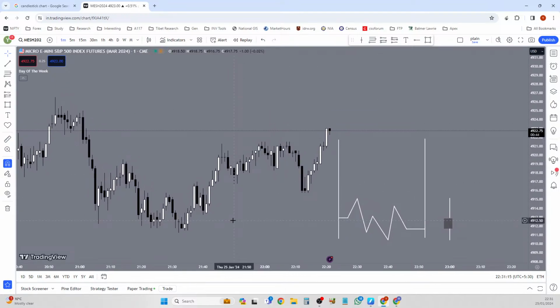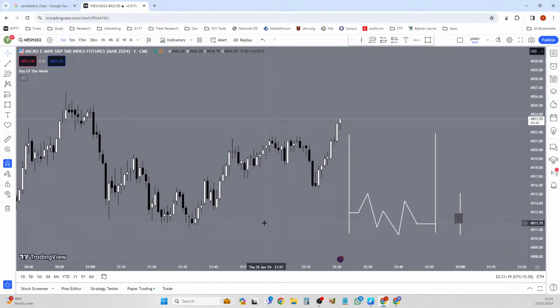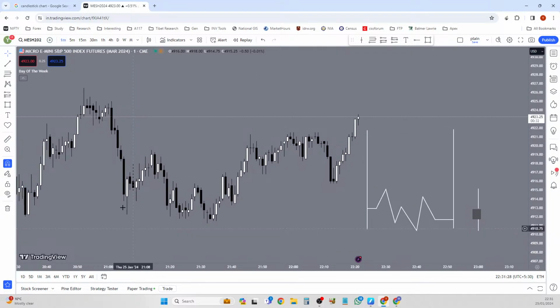All of us are aware that for a period of 1 hour, there are 60 minutes. So we are on a 1 minute chart. So between a period of 1 hour, we'll be having 60 1-minute candles.